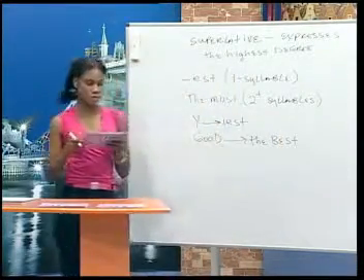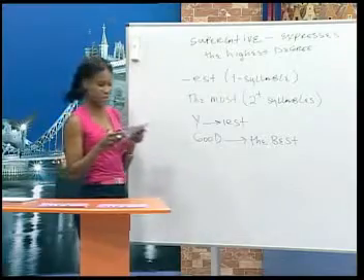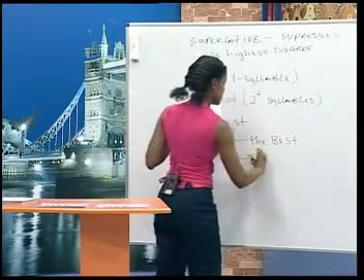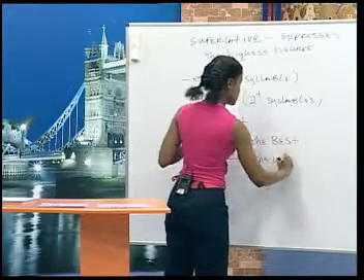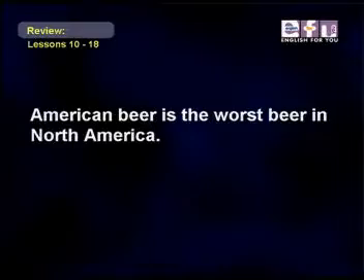For example, Italian food is the best food in the world. I'm sure Alberto would agree with that. And then bad in the superlative becomes the worst. For example, American beer is the worst beer in North America.